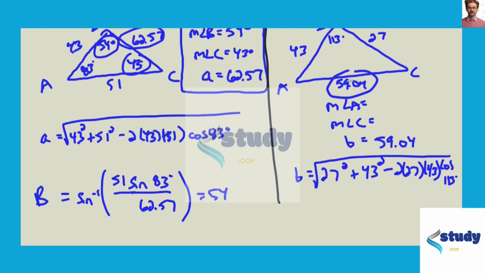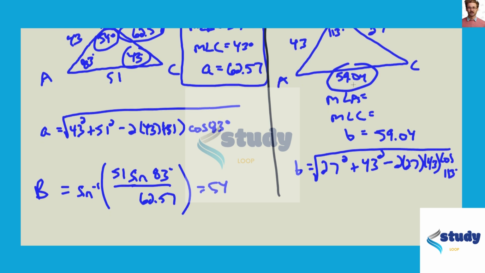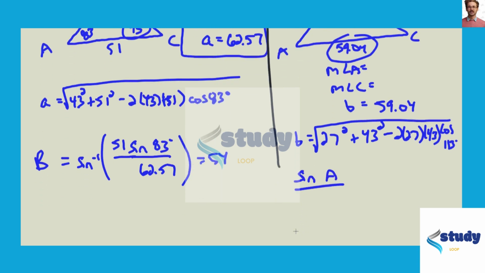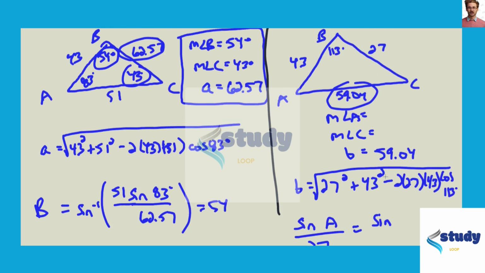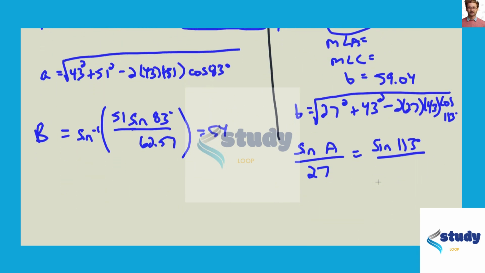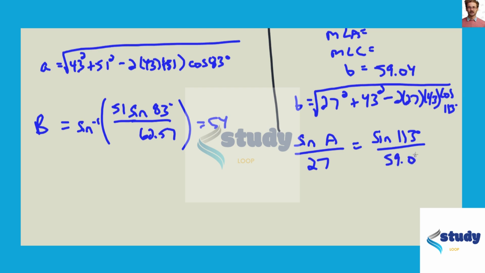Now we can use the law of sines to find angle A. So we can say the sine of angle A over its opposite side 27 is equal to the sine of angle B, which is 113, over its opposite side, what we just found, 59.04.